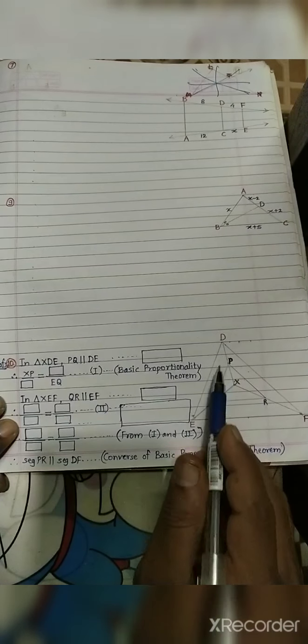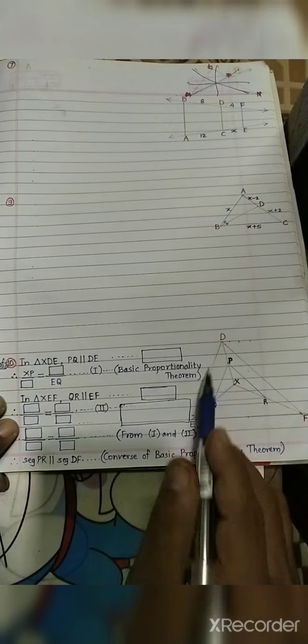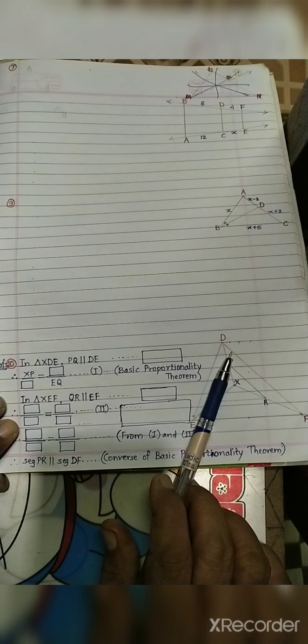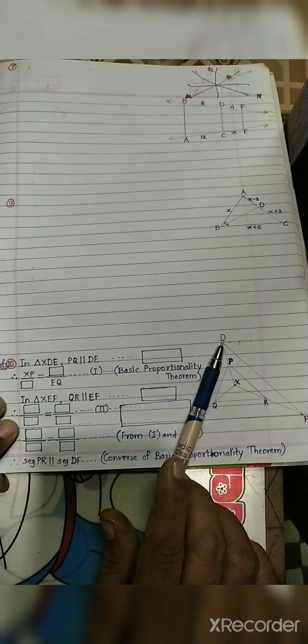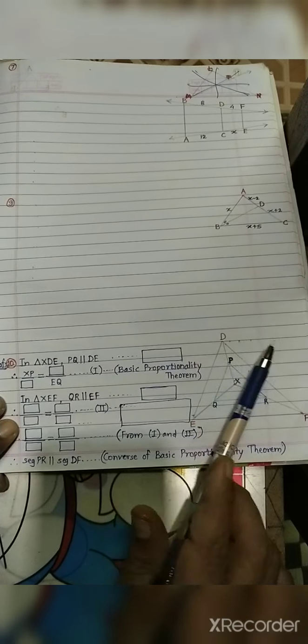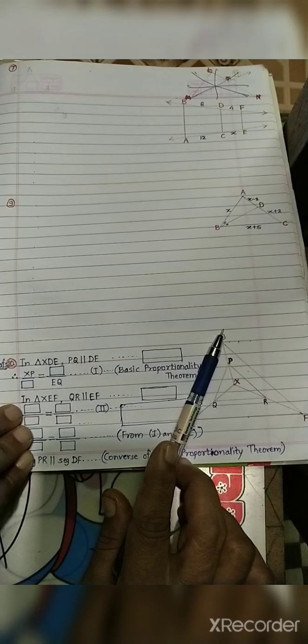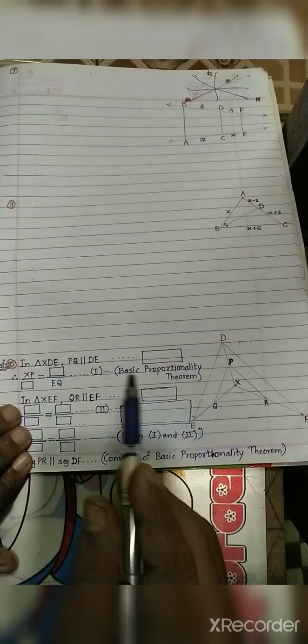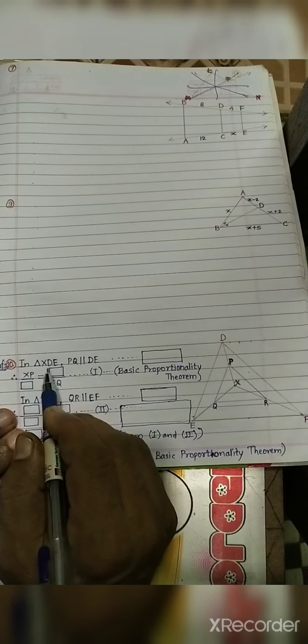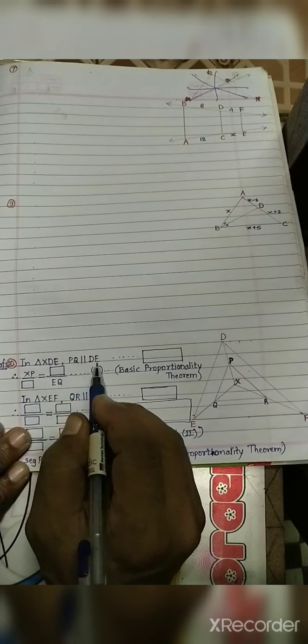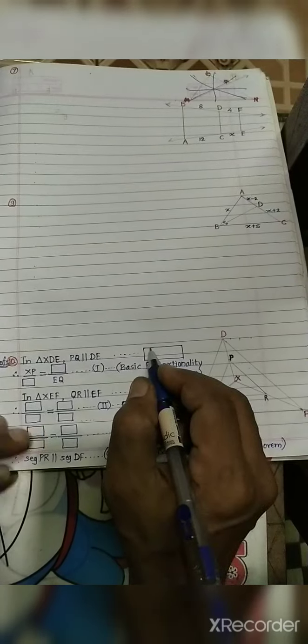In this triangle, seg PQ is parallel to side DE. Here the reason is given. So in the first line, in triangle XDE, PQ parallel DE. Here reason is given.